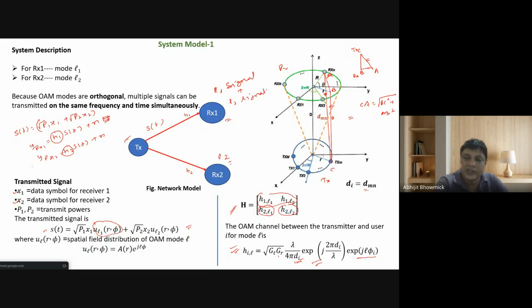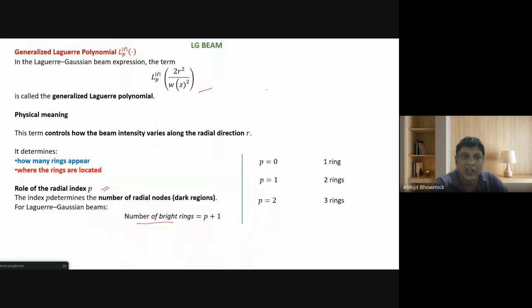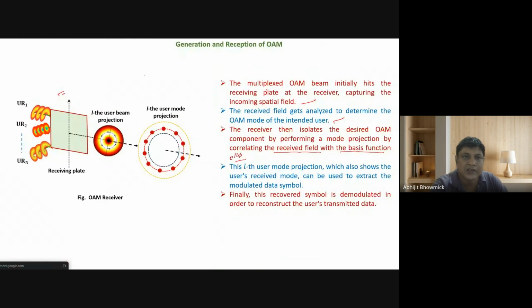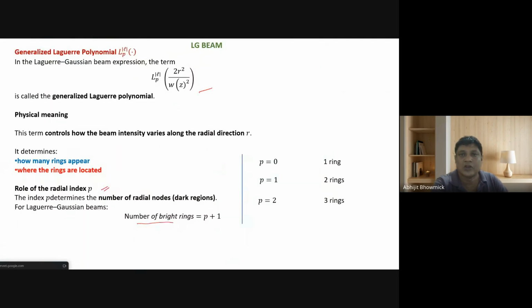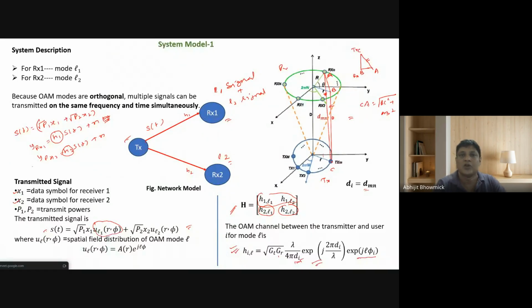But its receiver is designed in such a way that this receiving plate will allow only L1. So it will discard L2. Only L1 can be processed, and L2 is discarded. So there is no chance of interference here. Similarly, the other receiver will allow only L2 and discard L1.